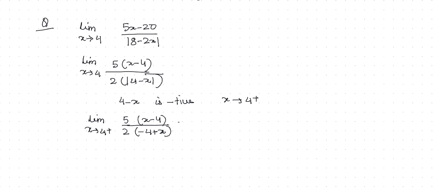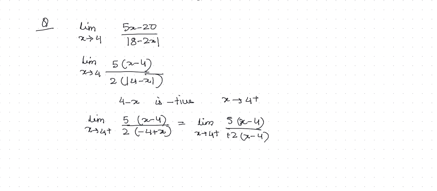So this would give us the limit as x tends to 4 plus of 5 by 2 times x minus 4 over x minus 4.